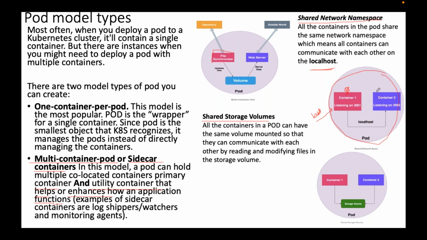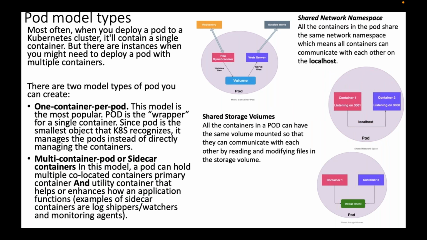But if there is a real issue with the pod, I mean some node goes down or I need to recreate the pod, then that will be done by Kubernetes, that master.